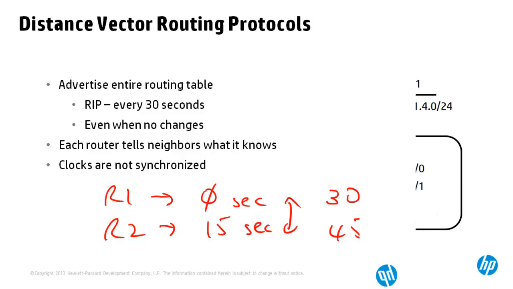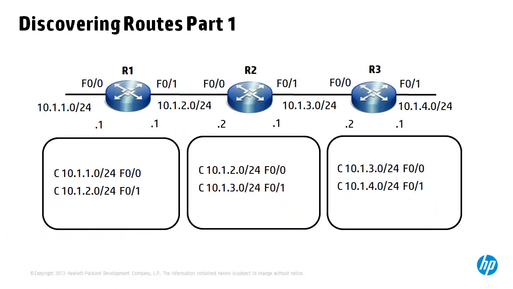So let's start with a simple topology. Router 1 has network 10.1.10.0 directly connected to FastEthernet 0/0, so that's been added to the routing table. 10.1.20.0 is directly connected to FastEthernet 0/1, so network 10.1.20.0 has been added to the routing table.